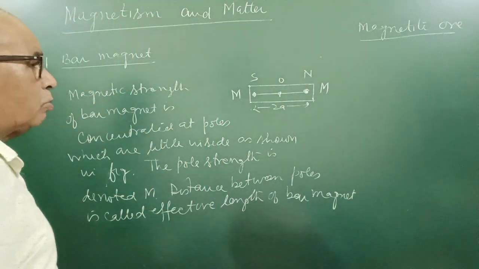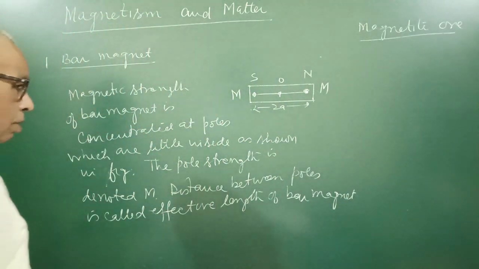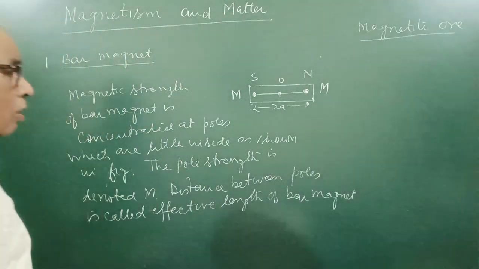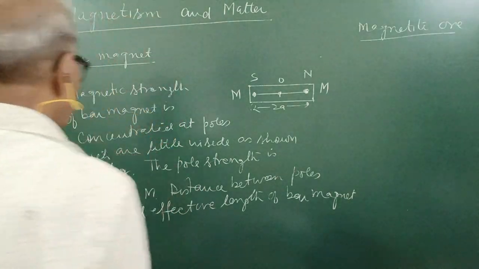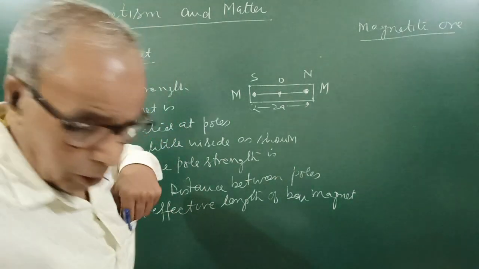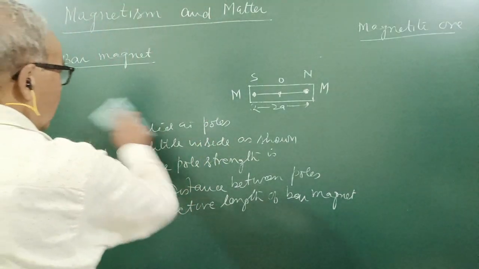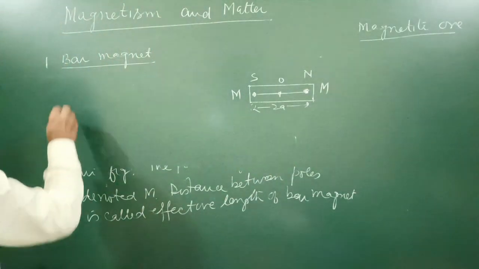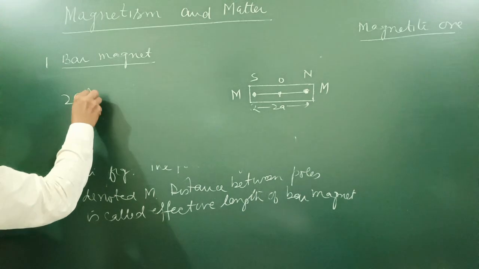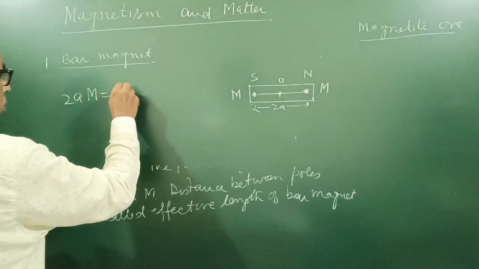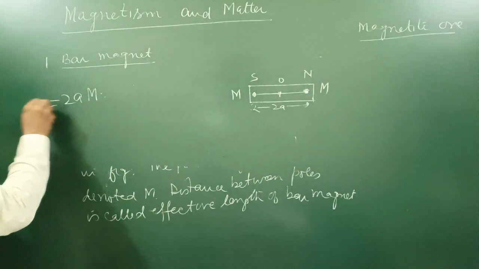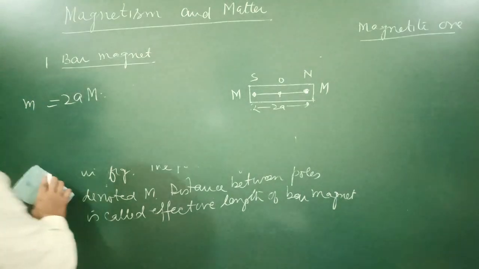Here it is written 2A. So from the figure, now I can say 2A into capital M is equal to, or you can write m is equal to 2A into M.